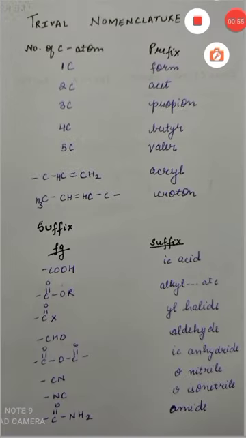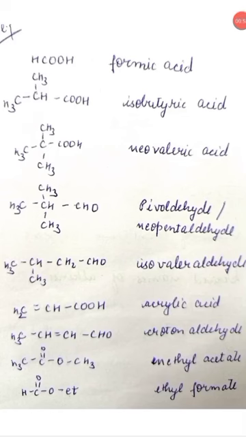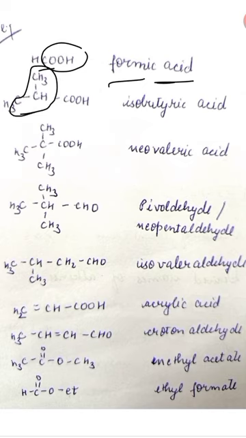We'll discuss an example. For example, HCOOH, in this it is a one carbon compound, so the word form is used, and as the functional group is COOH, ic acid is used for it. Similarly here, this is isobutyl group and COOH, ic acid is used.